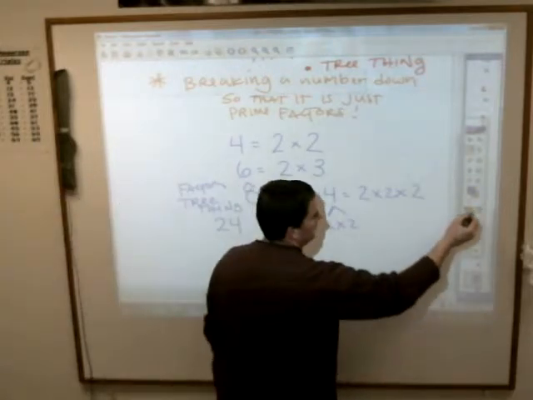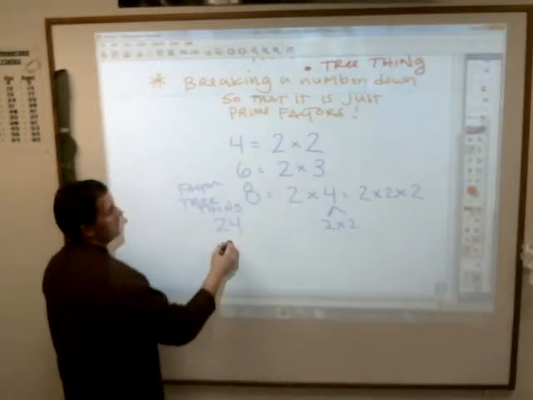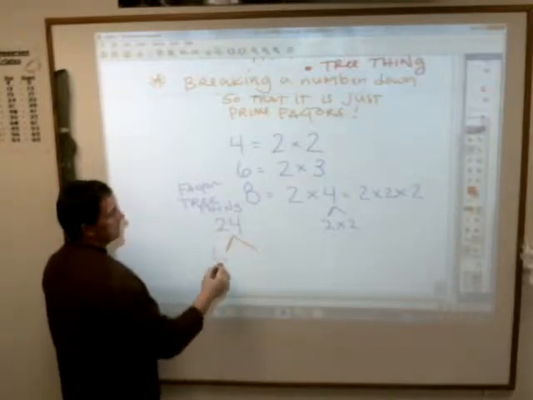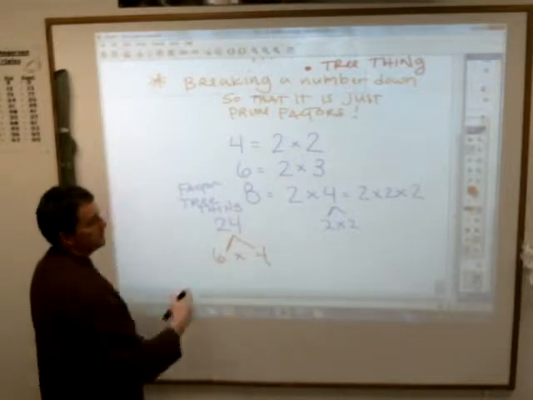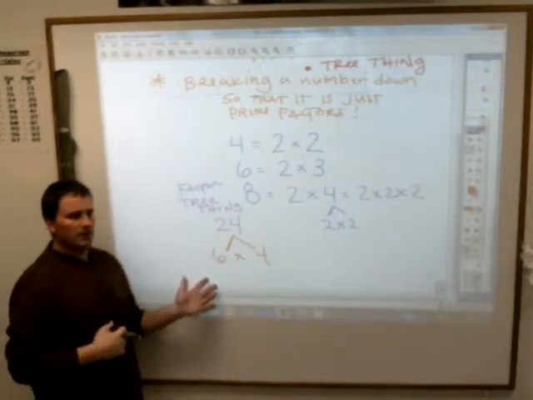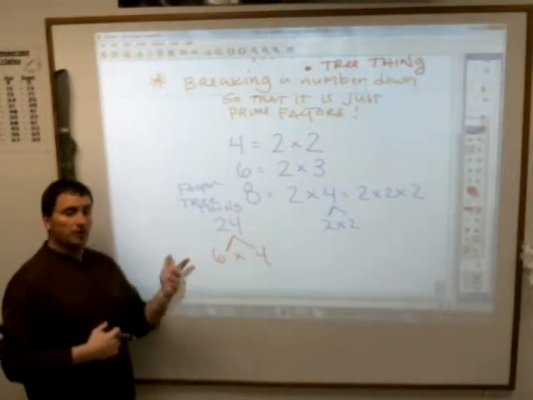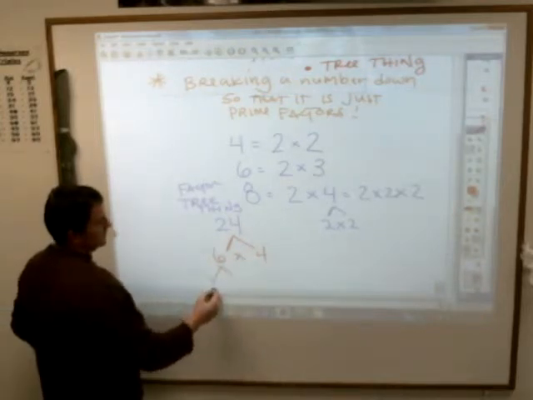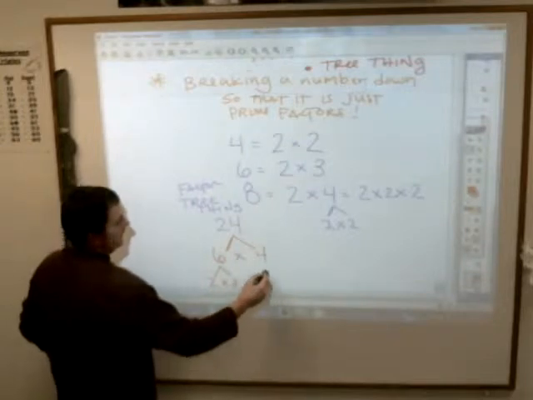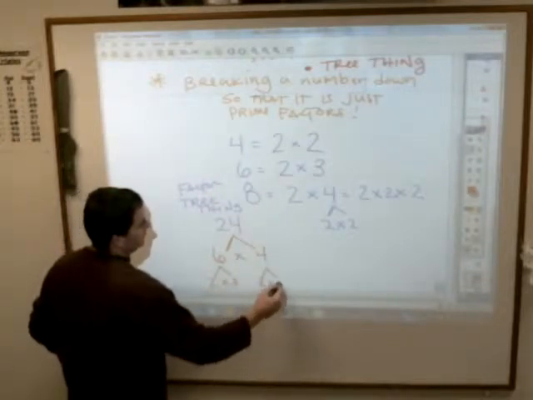Well, let's look at 24. What you do is you say, okay, what times what gives me 24? 6 times 4. Okay, these 2 numbers give me 24. I look at them and I go, is either one of them prime? No, they can both be broken down again, so I make another branch of the tree. 6 is 2 times 3, and 4 is 2 times 2.